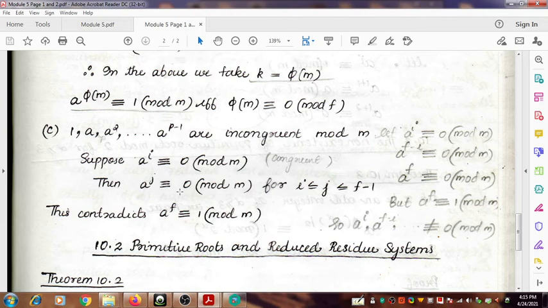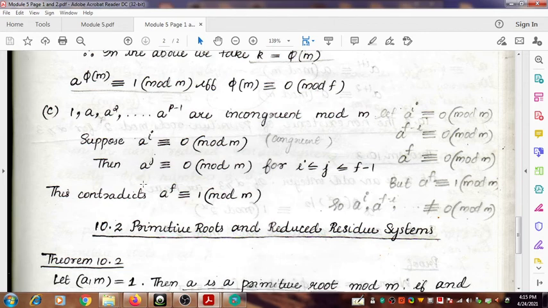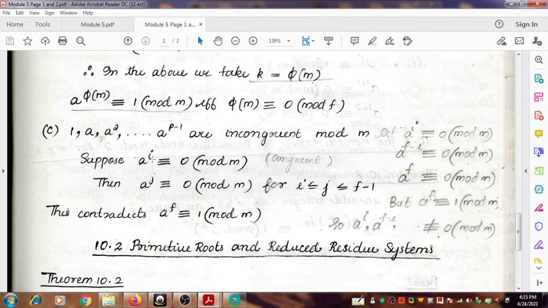You can transfer one quantity to the other side. Suppose that j is less than i. Then you can get that a raised to i minus j is congruent to 0 mod m.